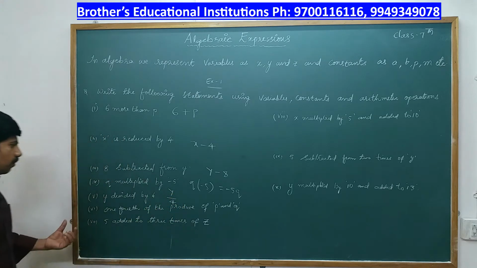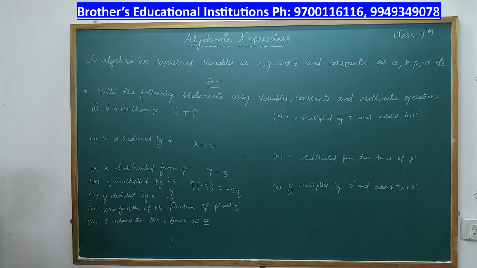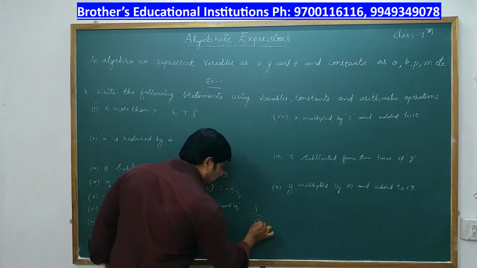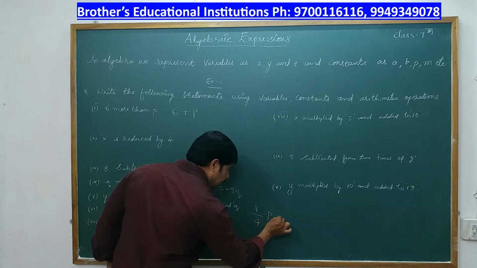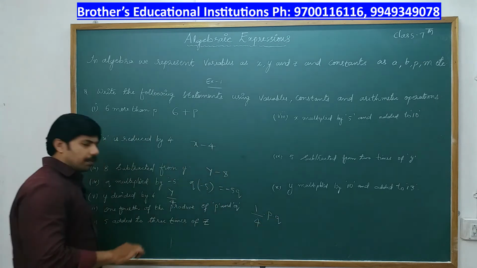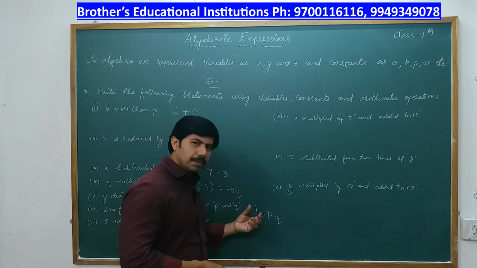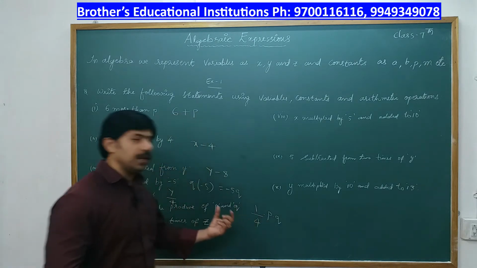It is y by 4. Then 1/4 of the product of p and q. Just write 1/4 into p into q. In algebra, into we can represent using a dot. So 1/4 into p into q.